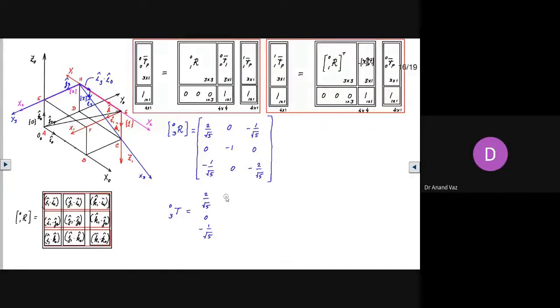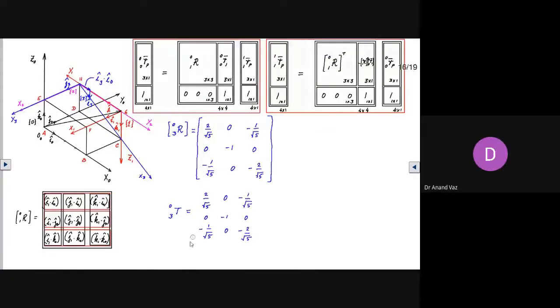Then we have 0, minus 1, 0. We have minus 1 by root 5, 0, minus 2 by root 5. So this is the R portion, this portion, okay?